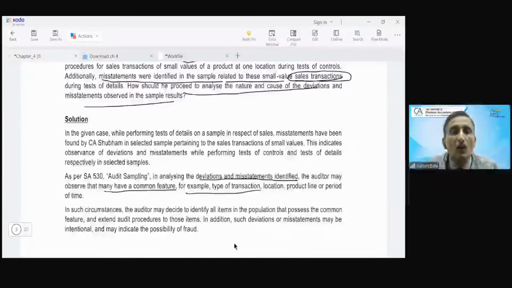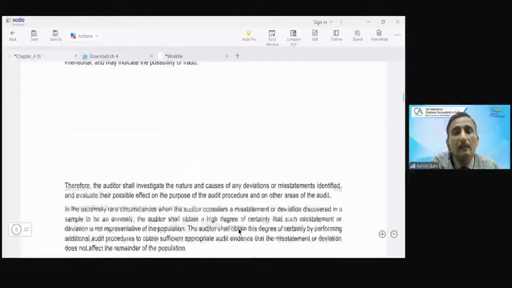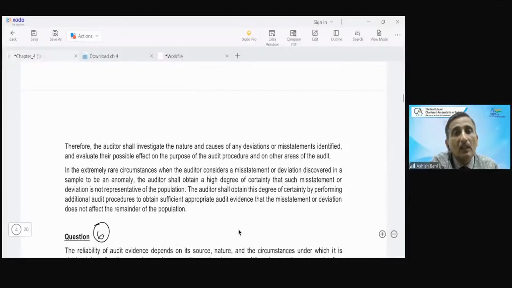In such cases there may be a risk of fraud, a possibility of fraud. So the auditor would investigate all such deviations and misstatements and evaluate their possible effect on audit procedures. Clear?